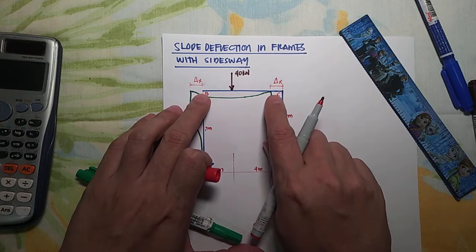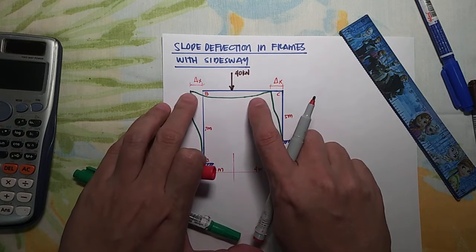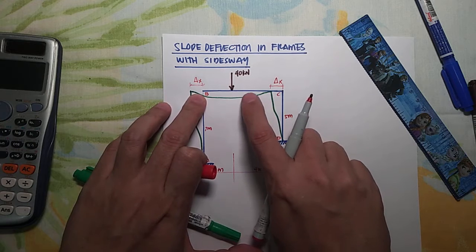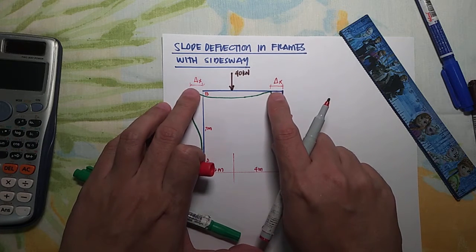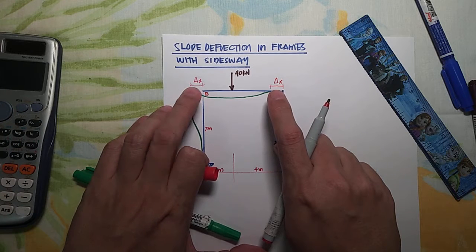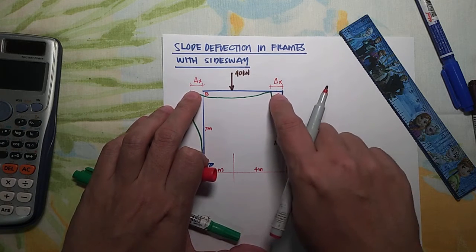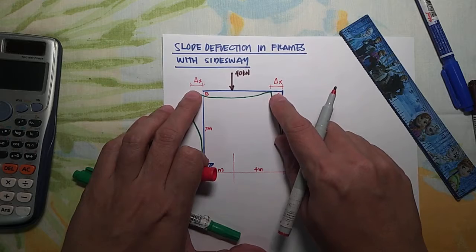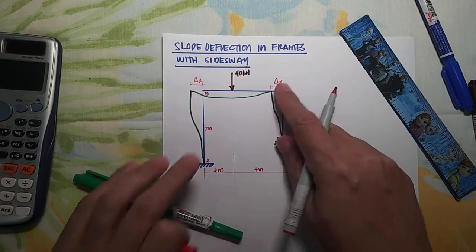So the length of member BC remains the same. Whatever movement of joint B will be the same as the movement of joint C. Therefore, the sway at joint B is the same as the sway of joint C, they're just equal to delta X.